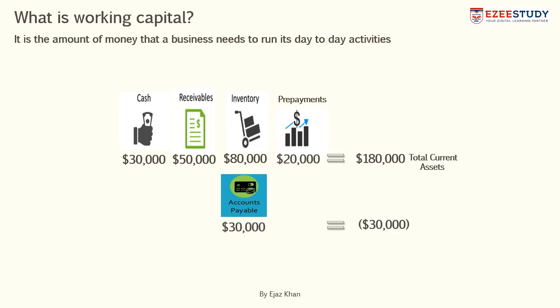So of the $180,000 of total current assets required for the business, if $30,000 will be financed through current liability, then it will mean that the business still needs $150,000 investment to run day-to-day activities of the business, and that is called working capital.